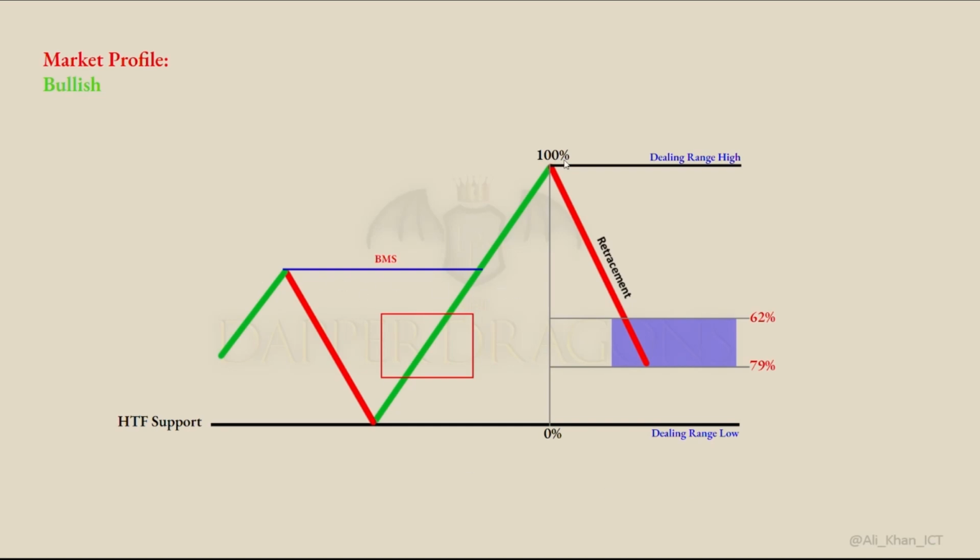Once we see this break in market structure, this validates the dealing range high and low and gives us the green light to wait for a retracement leg into the optimal trade entry area, and then using the left side on the expansion leg as confluence for taking an entry.